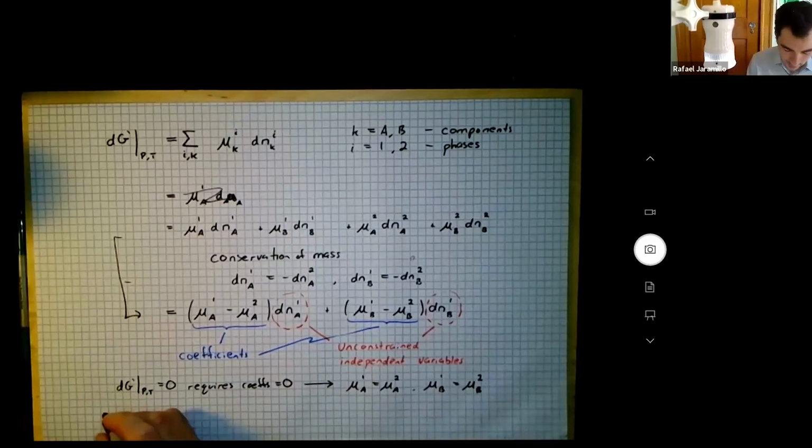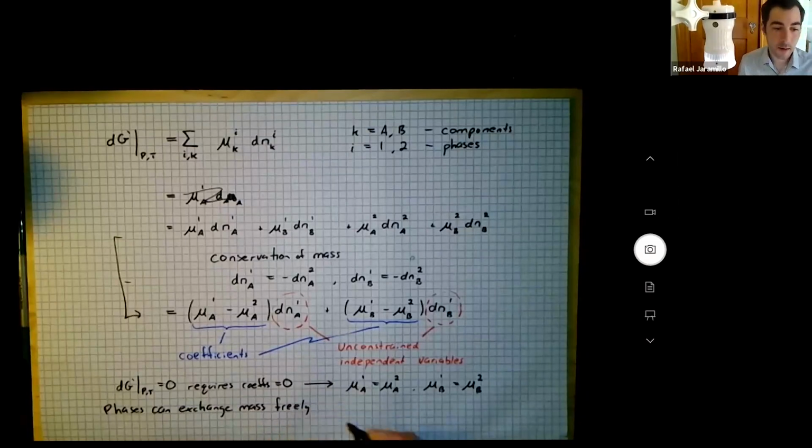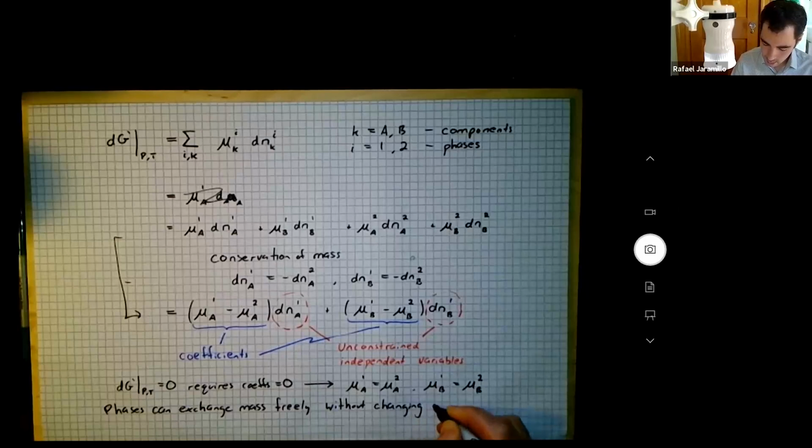When that happens, phases can exchange mass freely without changing overall Gibbs free energy.